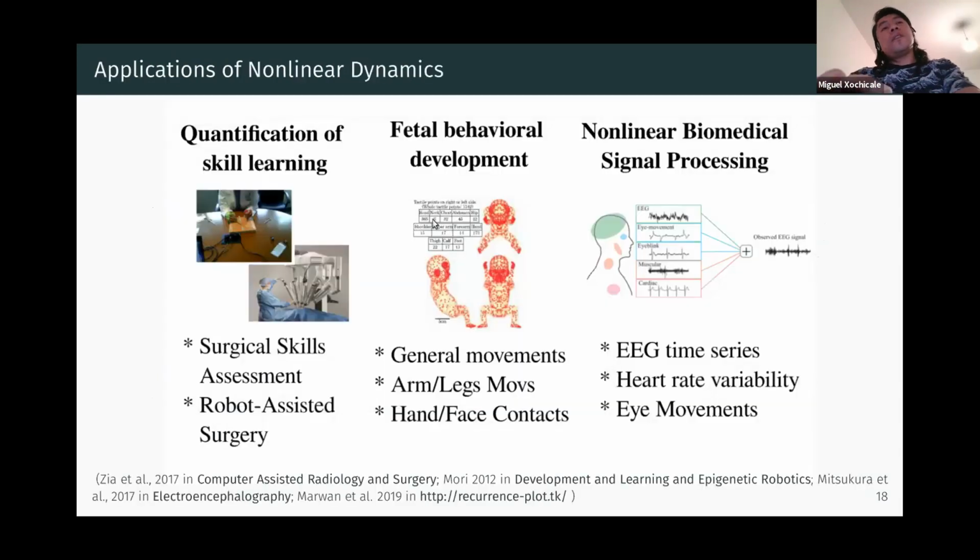There are lots of things to do, and applications, for example, quantifying skill learning for persons doing surgical assessment, robot-assisted surgery, fetal behavioral development, or nonlinear biomedical signal processing. It's plenty of things to do there.